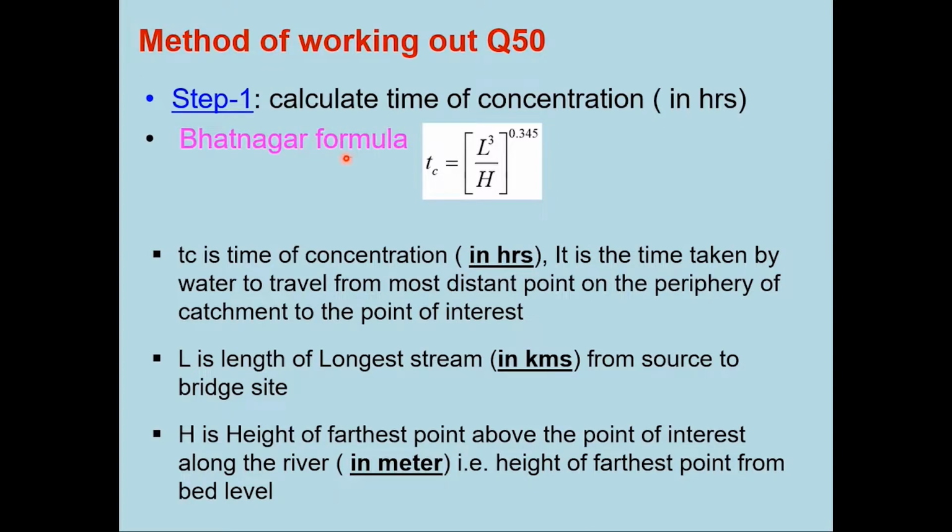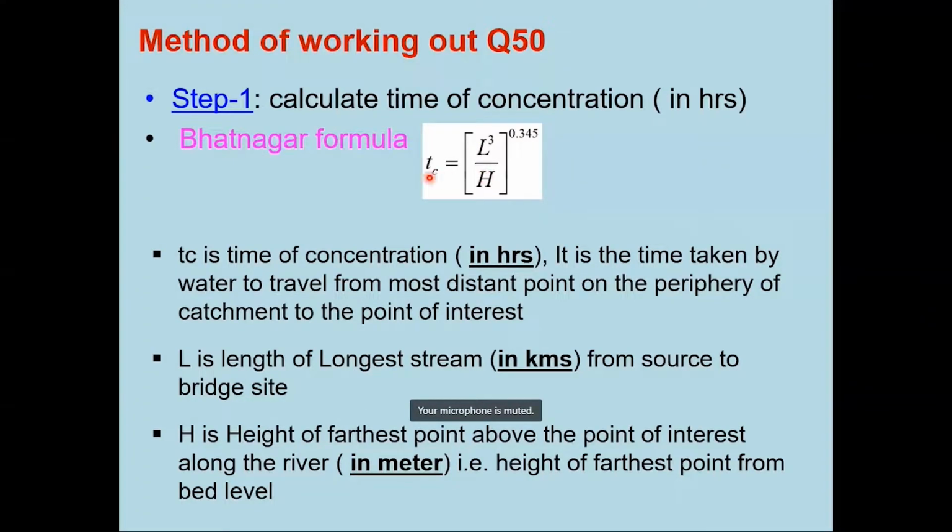Mainly it is applicable to almost the entire area except where the terrain is very hilly and the slopes are very steep. There, if we use this formula, the runoff Q50 will come very high, and therefore it will be uneconomical. For that there will be another formula.